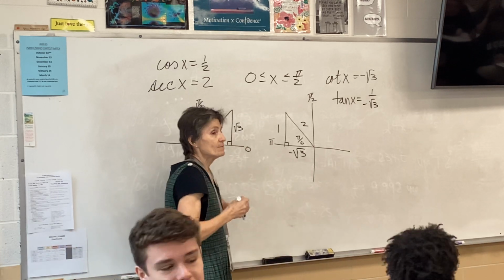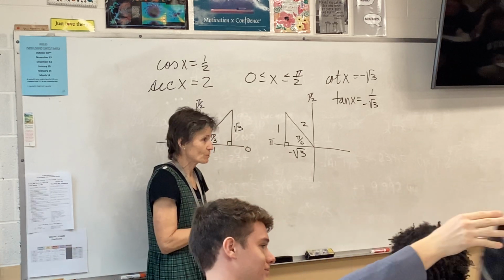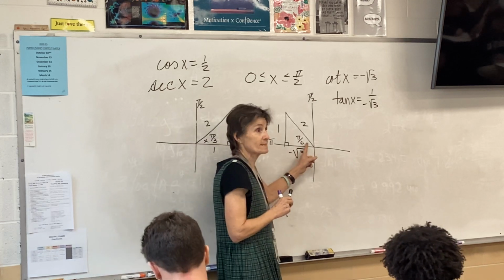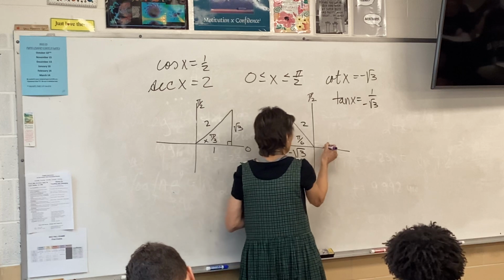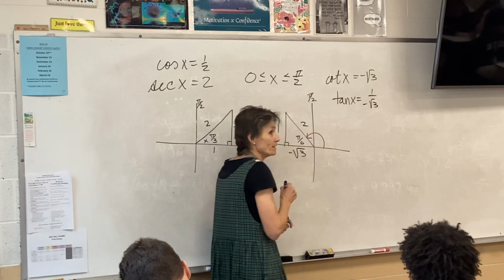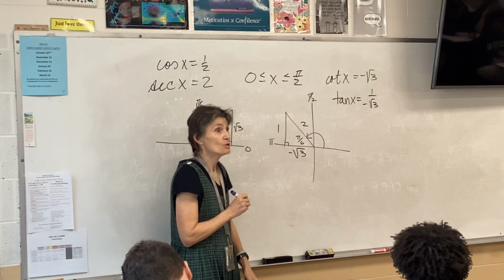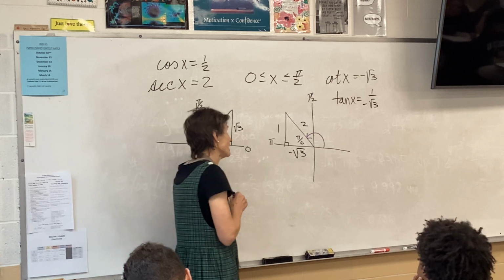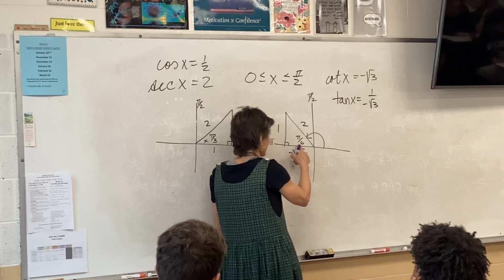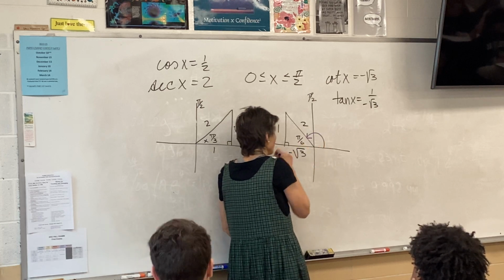Oh. The answer isn't pi over 6. The reference angle is pi over 6. The angle would be this one. Does that make sense to everybody? You have to be a quadrant 2 angle. So wait a minute. If that's pi over 6, how big will the purple one be?